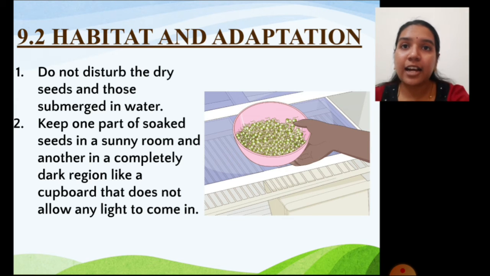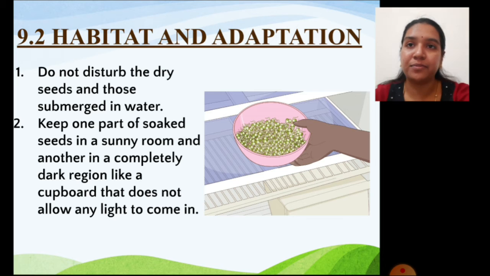Next, take the other part of soaked seeds and spread them on a surface or in a bowl and keep them in a sunny room or in a fully ventilated room. Take the other part and store them in a completely dark room or in a cupboard where the light does not come in.